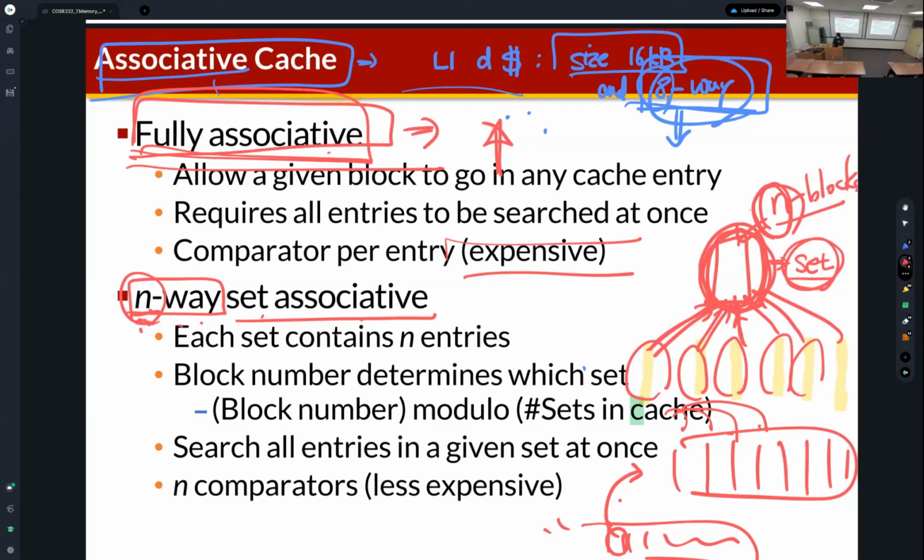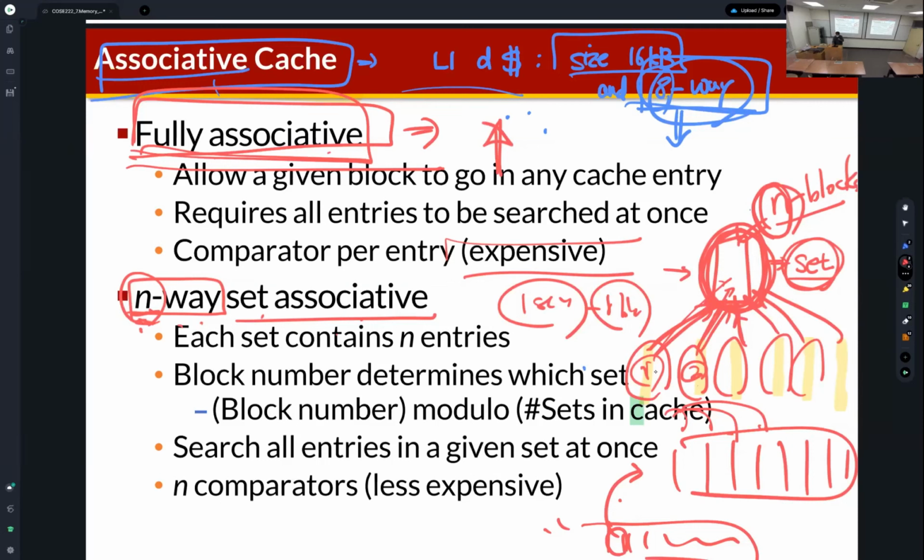In the previous class, we learned about the direct mapped cache. Direct mapped cache means that in one cache set, only one block can be stored. I also explained the disadvantage of direct mapped cache: if block 1 is accessed and then block 2 is accessed, then block 1 should be evicted from the cache.